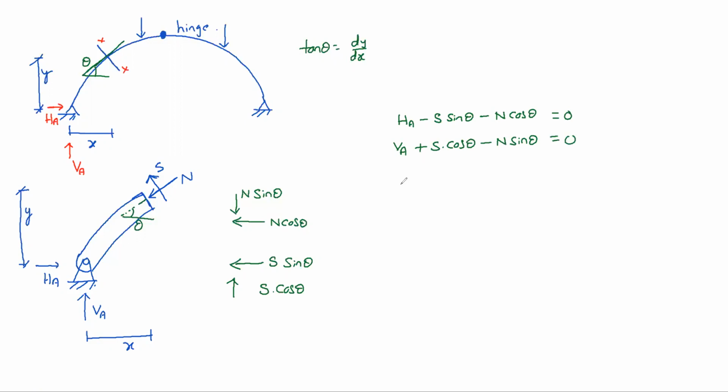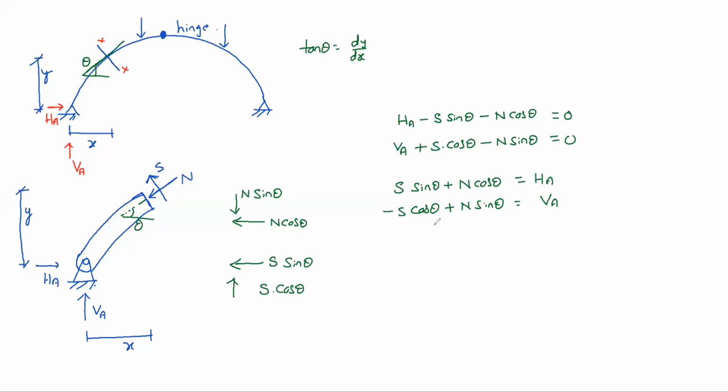Or you can form it like this: S sin theta plus N cos theta equal to HA. Similarly, S cos theta minus N sin theta, or minus S cos theta plus N sin theta equal to VA.